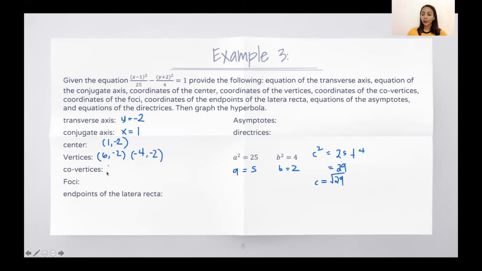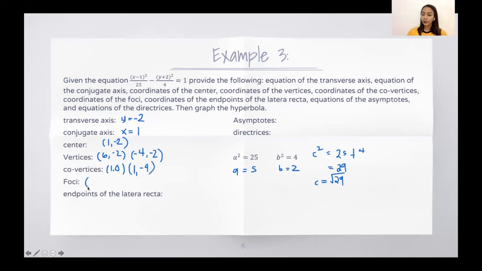Okay, for the co-vertices. Okay, so just look at the table. Ano po? So, yun yung magsisilbing guide nyo para mahanap nyo yung mga coordinates ng hyperbola. So, for the co-vertices, we have 1, 0, and 1, negative 4.